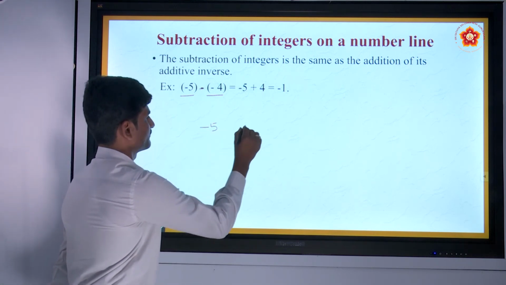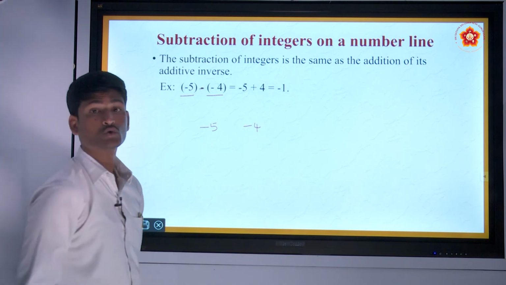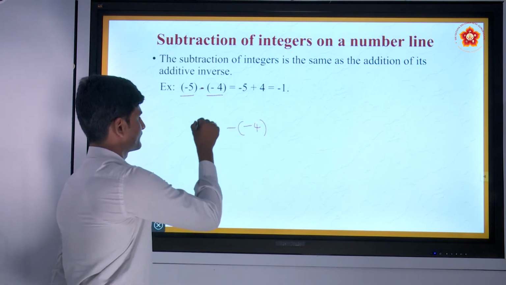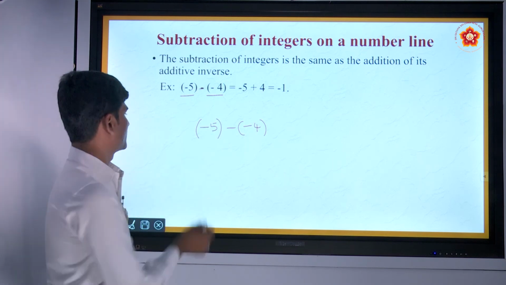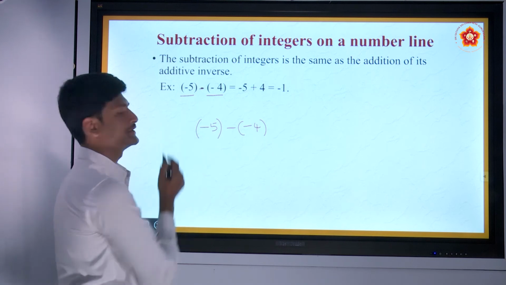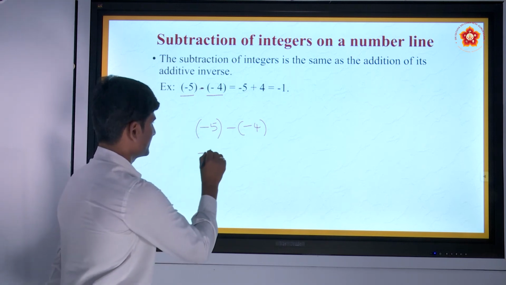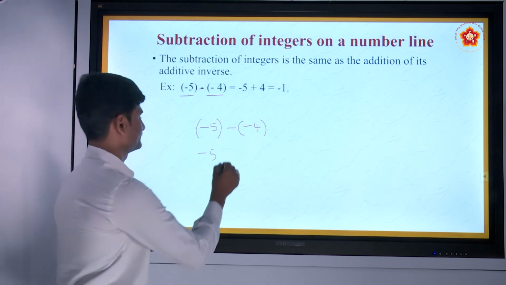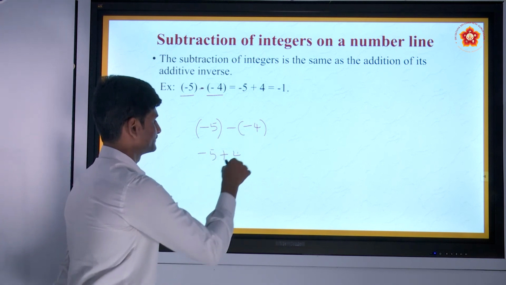Minus 5 minus 4, I take two negative integers, subtracted, right? First we remove brackets, plus into minus, minus 5, and minus into minus, plus 4.